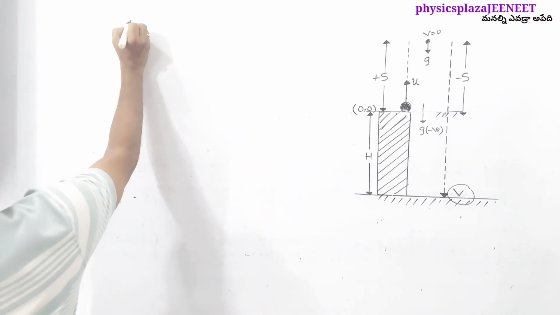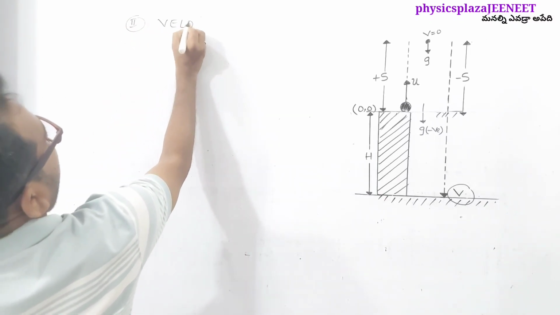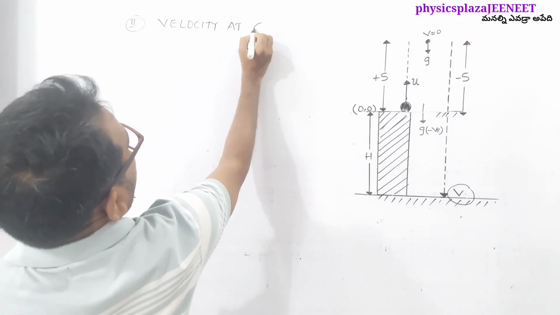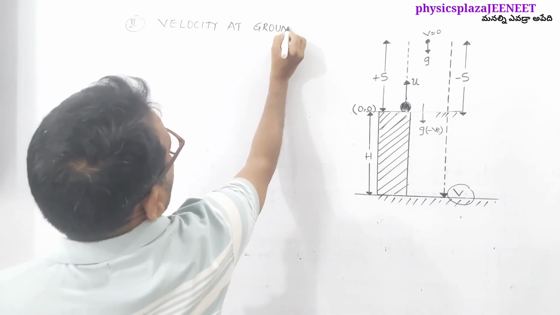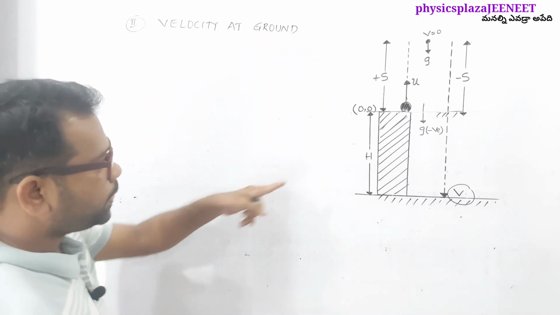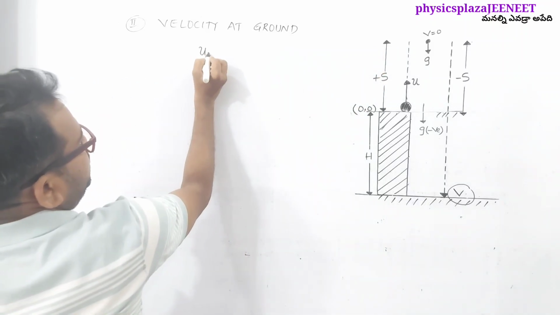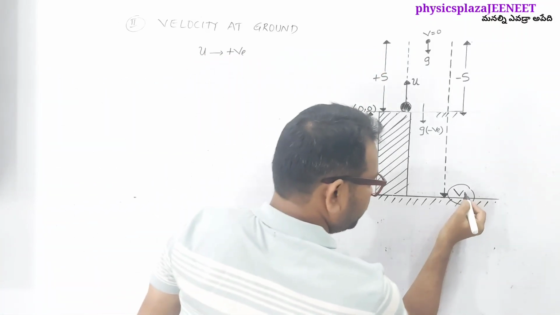Okay, fine. Now we discuss the velocity at ground. Children, with the velocity u we are throwing in the upward direction, so upward direction is positive. Let us say it is hitting with the velocity v.